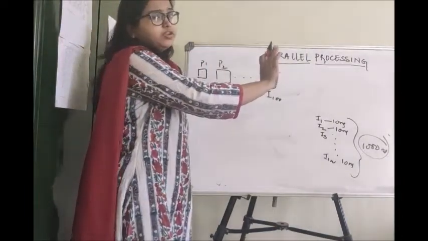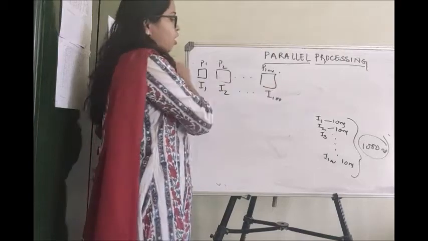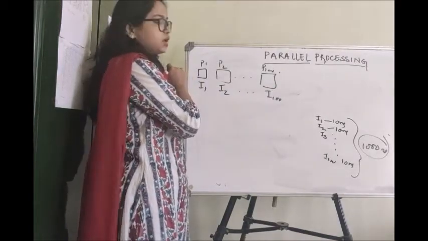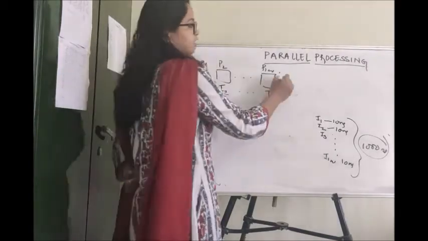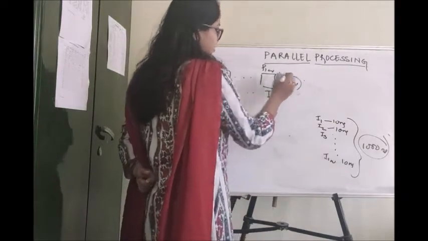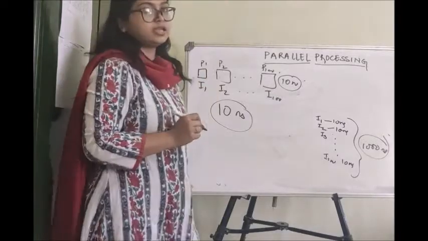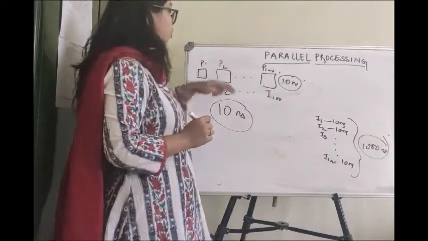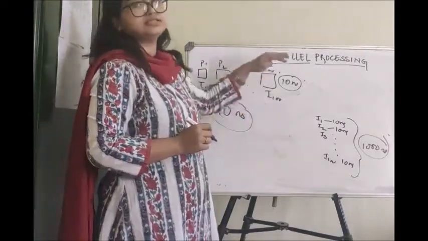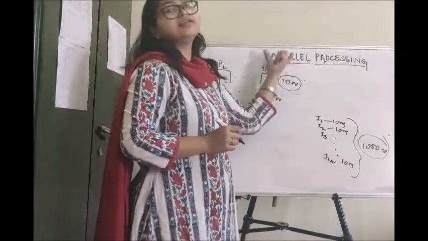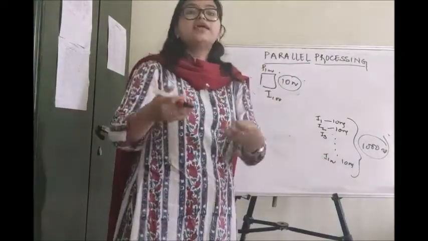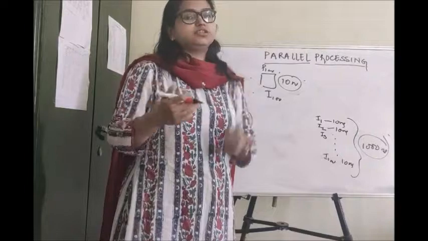All of them are being executed simultaneously. Each instruction takes 10 nanoseconds, so within 10 nanoseconds all the instructions are executed, because all are executing simultaneously. This is called parallel processing.